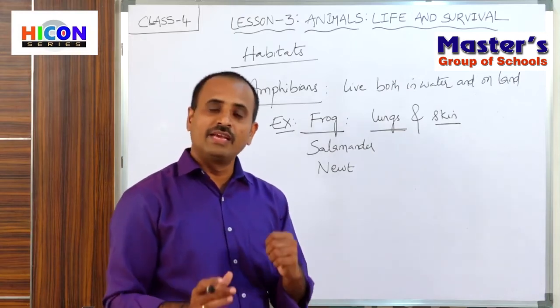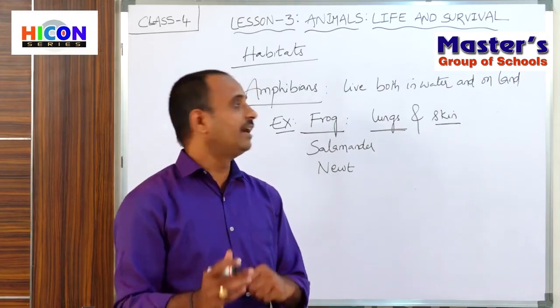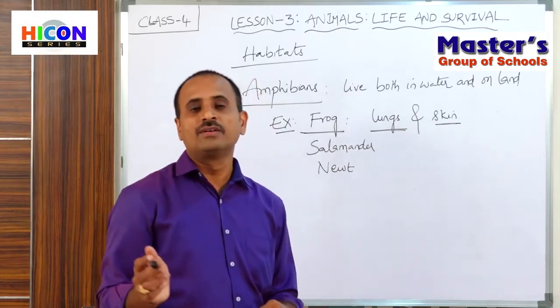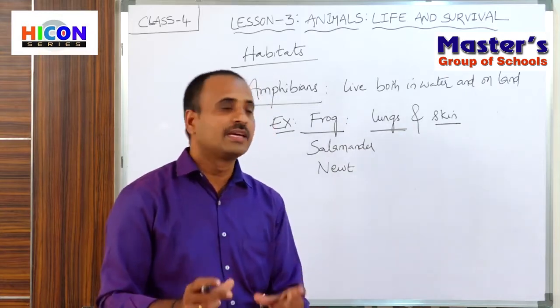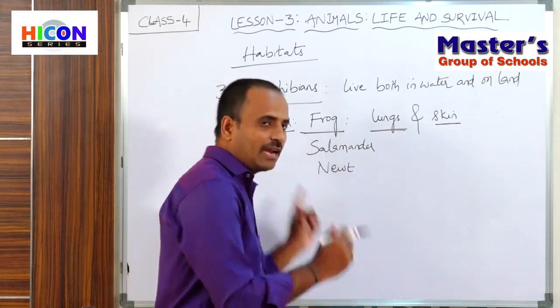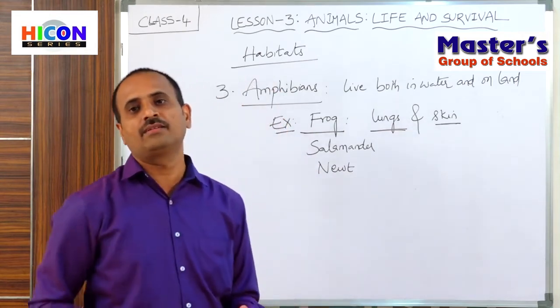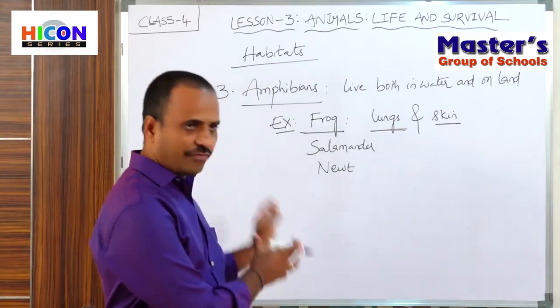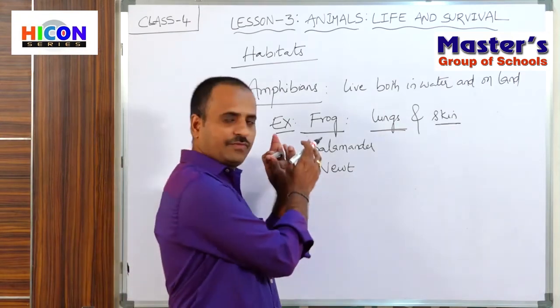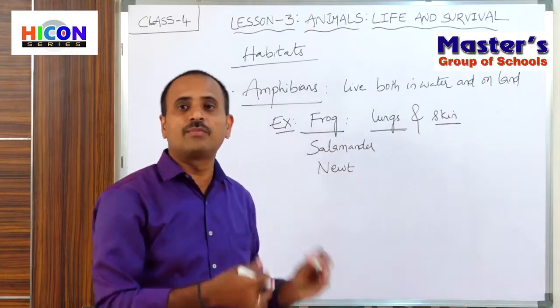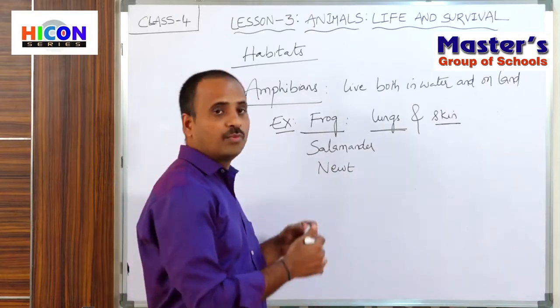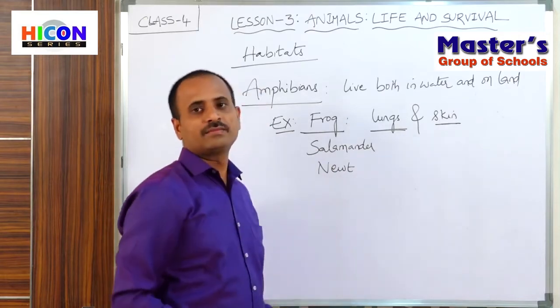So that's why they can hop and jump, and they can also move in the water. So this special type of limbs can help these frogs and salamanders to move in the water and also to move on the land. So children, these are the amphibians, and these are some special features which are developed in their body to survive on both land and in water.